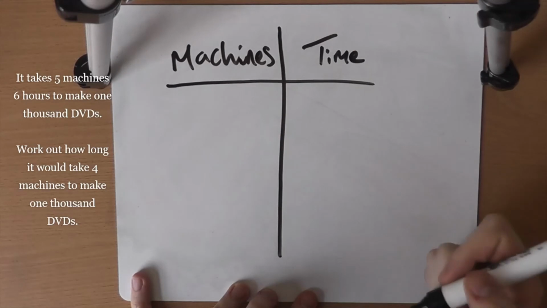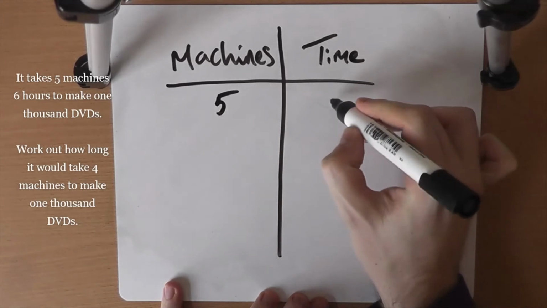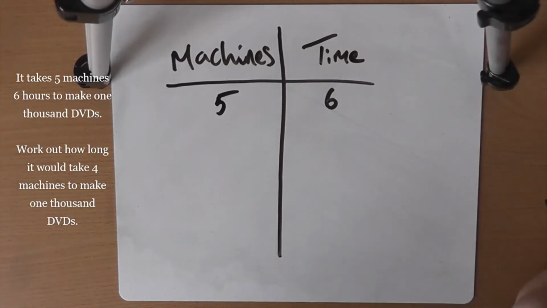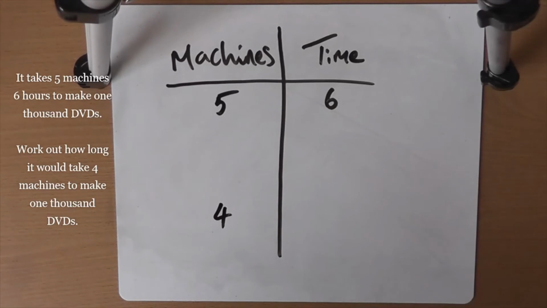It's 1,000 DVDs in both cases, that doesn't change. The only things that change are the number of machines and the time that it takes for the machines to make 1,000 DVDs. It takes 5 machines 6 hours to make 1,000 DVDs. And we need to work out how long it would take 4 machines to make 1,000 DVDs.